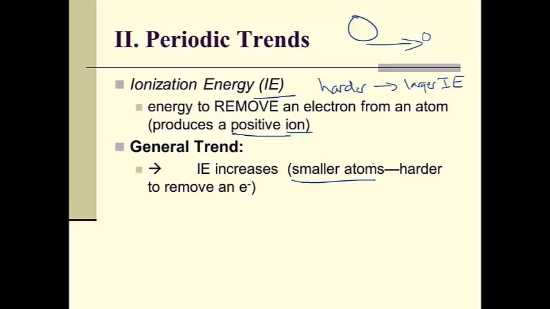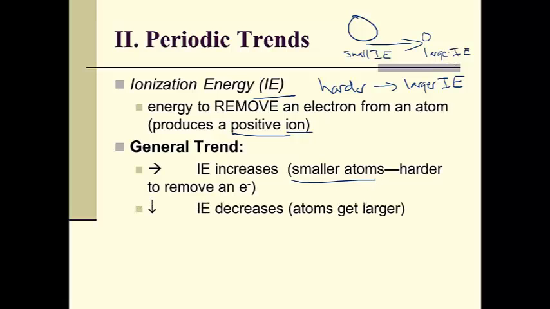So on this side, you're going to have small ionization energies, and on this side, you're going to have large ionization energies. And going down, it decreases because when you go down a row, the atoms get larger. The larger the atom, the easier it is to remove the electrons, so a smaller amount of energy you have to add to it.